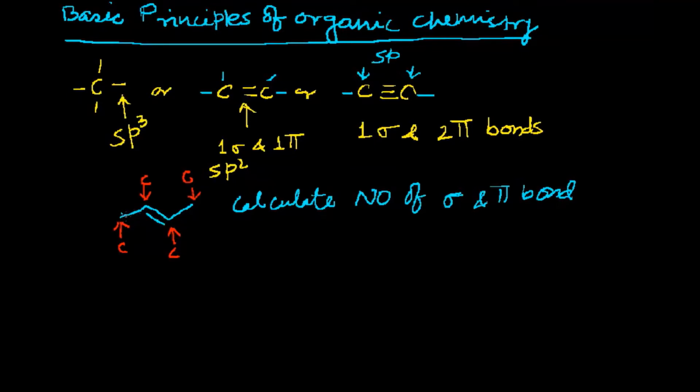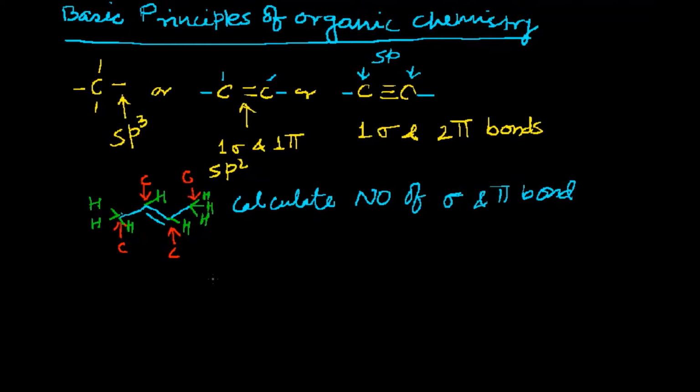We can see here only 1 bond is present, whereas the remaining 3 bonds are attached to hydrogen, which are not shown. So you must remember here, all the bonds that are not shown and which are deficient from carbon represent the hydrogen atom. Here again it is hydrogen, here again 3 hydrogen atoms.